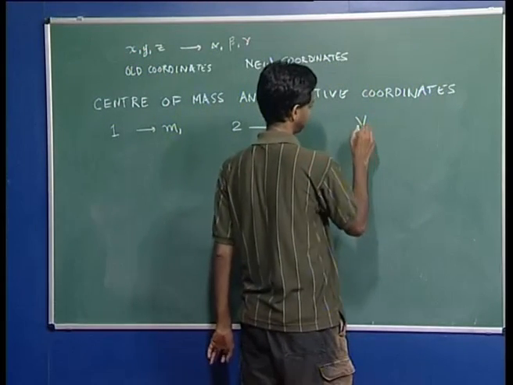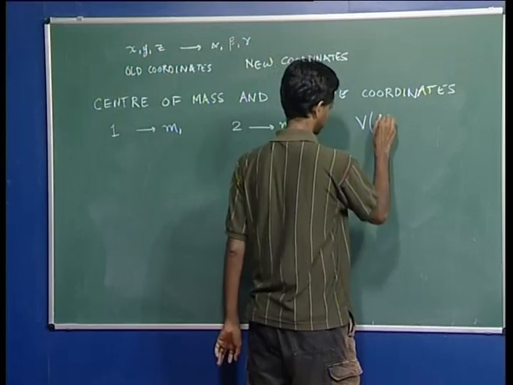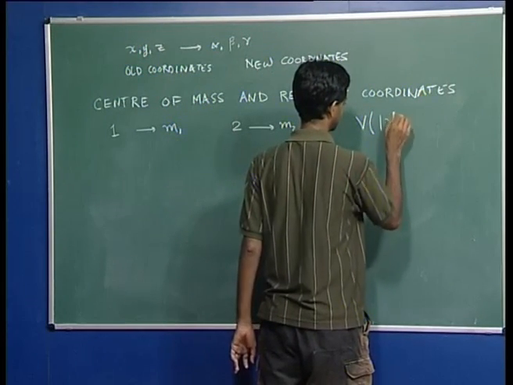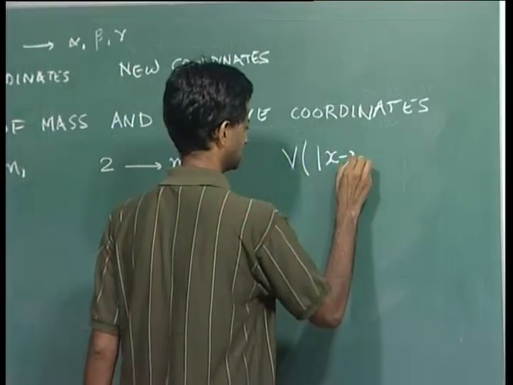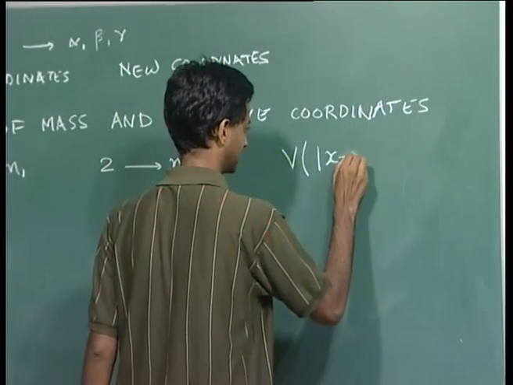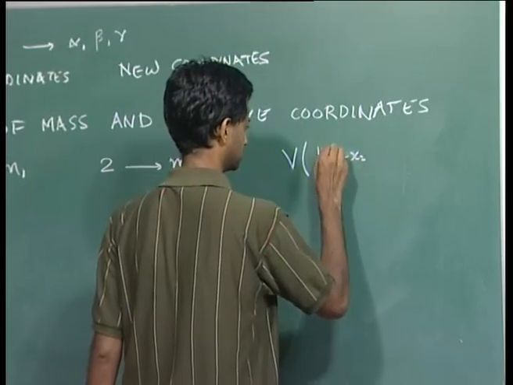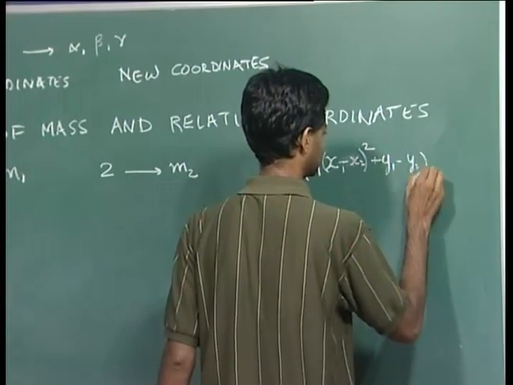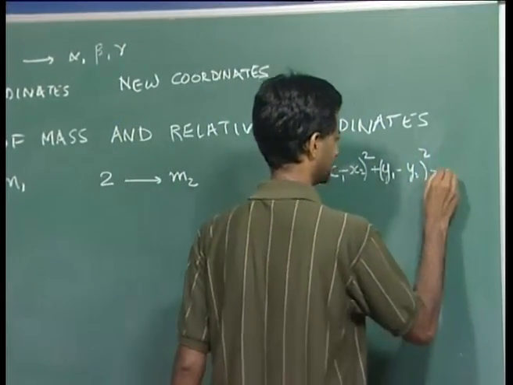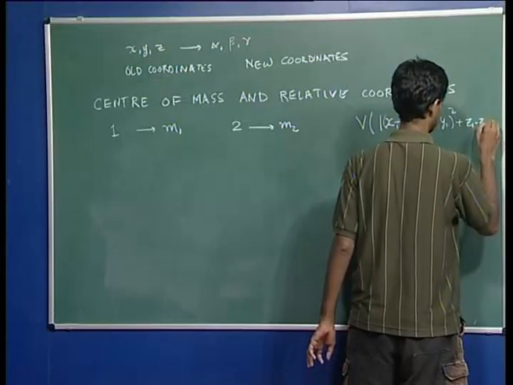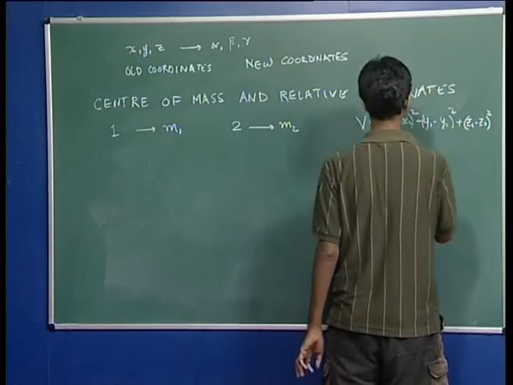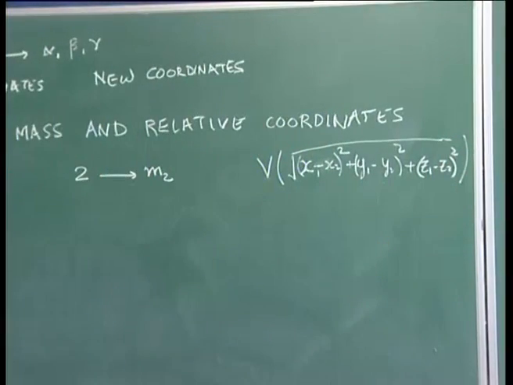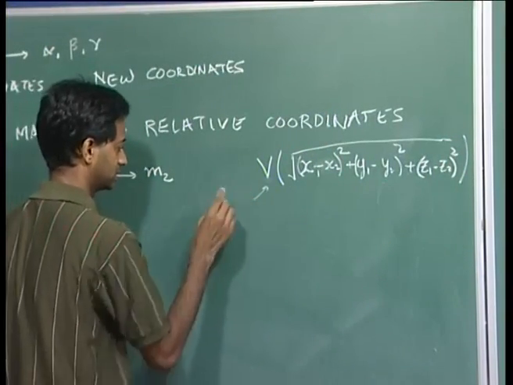So the potential of interaction of the two particles depends only on the scalar distance between them. So it depends only on (x1 − x2)² + (y1 − y2)² + (z1 − z2)², it just depends on the square root. Okay. So this is the interaction potential.